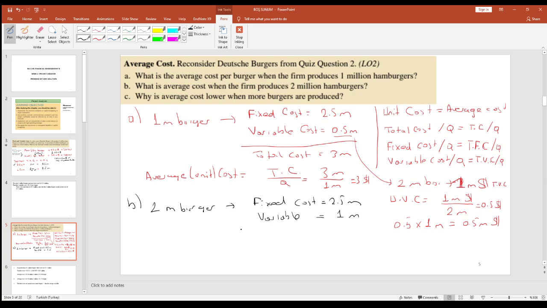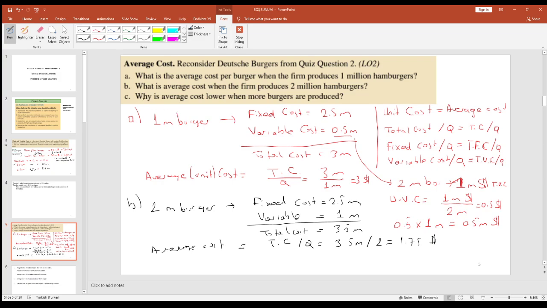No need to explain this. So total cost here is equals to 3.5 million. So average cost equals to total cost divided by number of quantity produced. So 3.5 million divided by 2 million production, which is equals to $1.75 per burger.